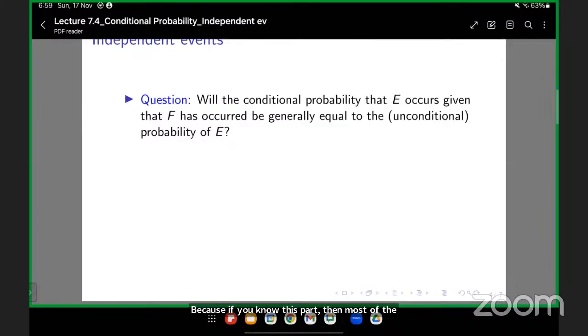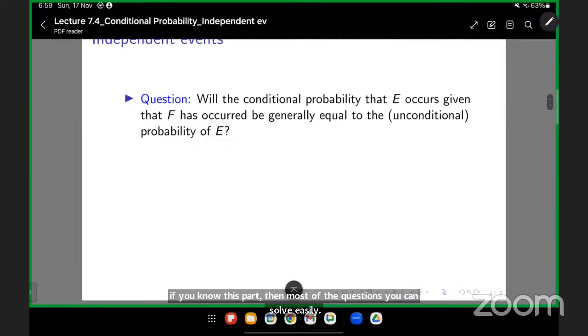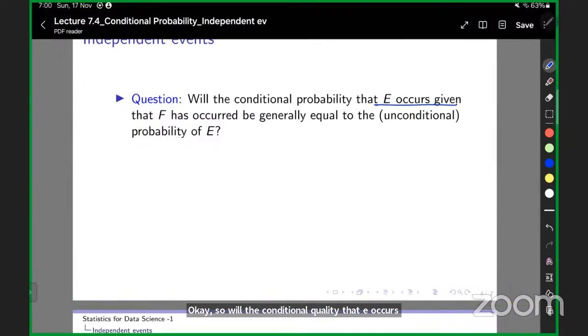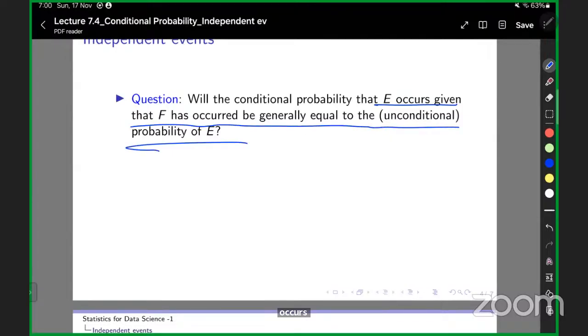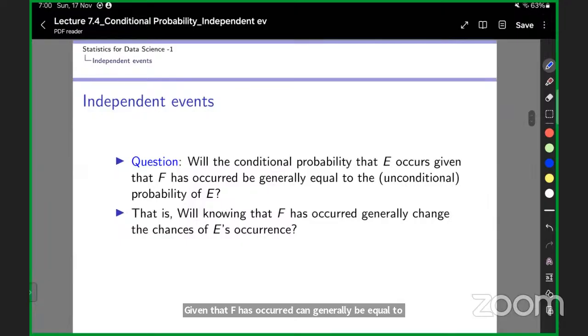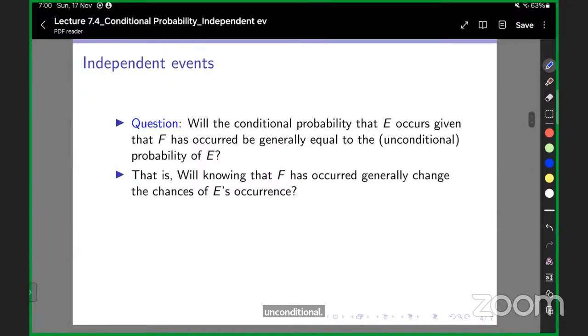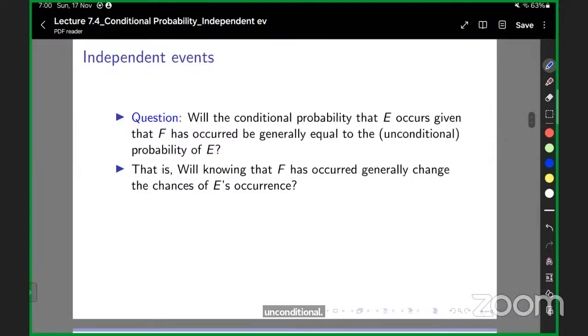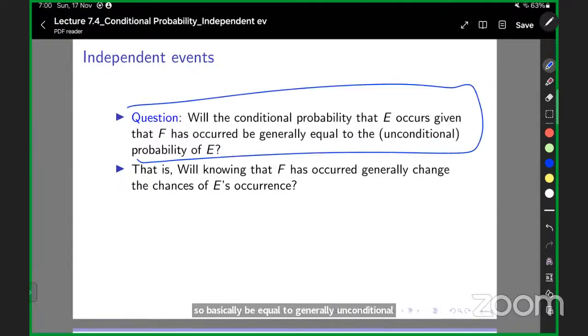So will the conditional probability that E occurs, given that F has occurred, generally be equal to the unconditional probability?